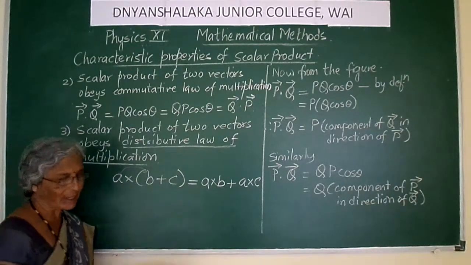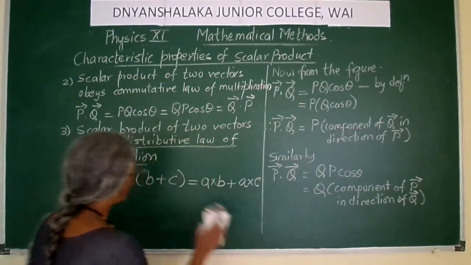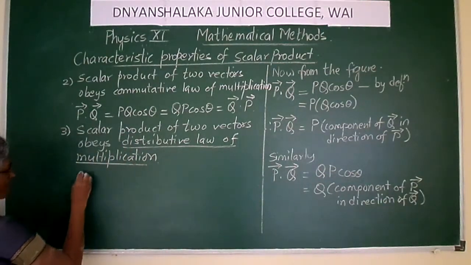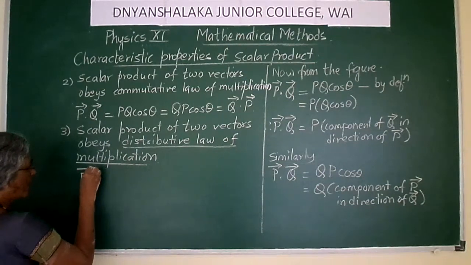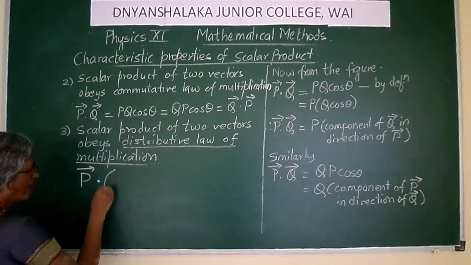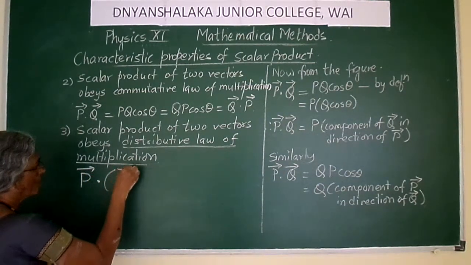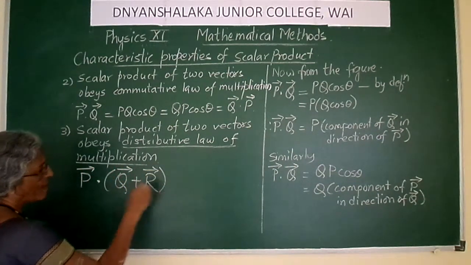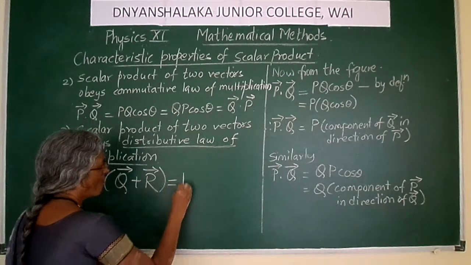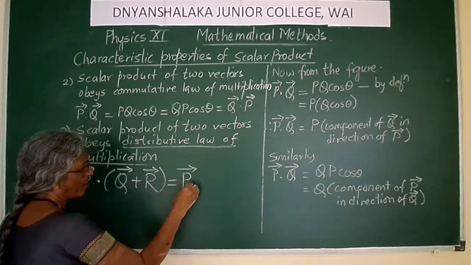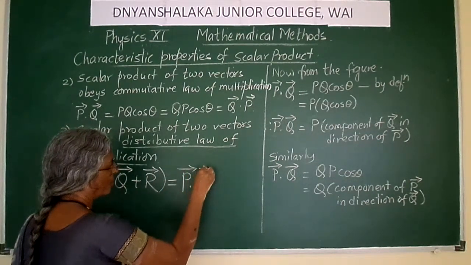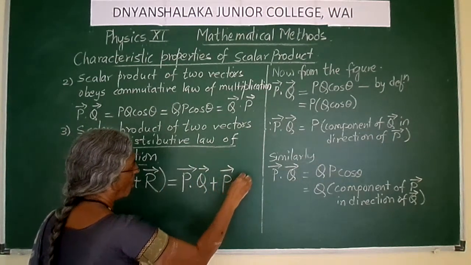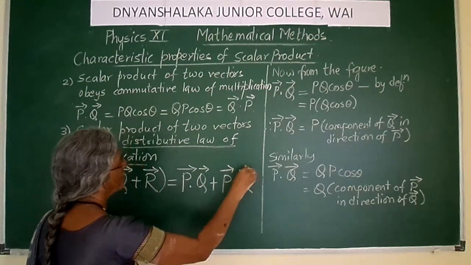In the same way, I can distribute scalar product of two vectors as vector p dot vector q plus vector r. I can write it as vector p dot vector q plus vector p dot vector r.